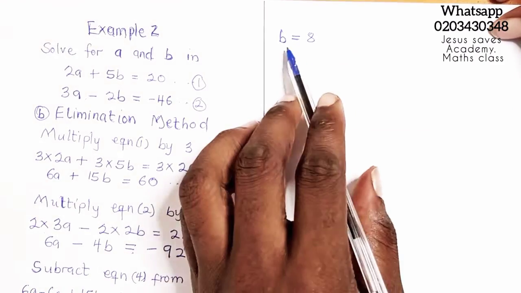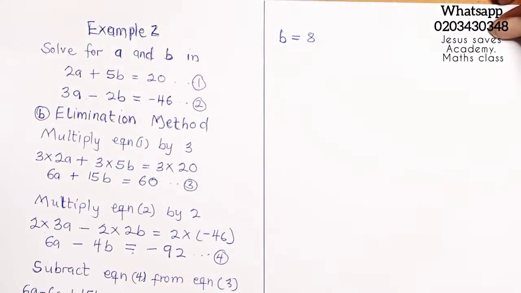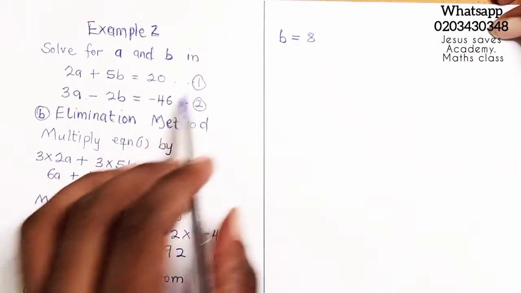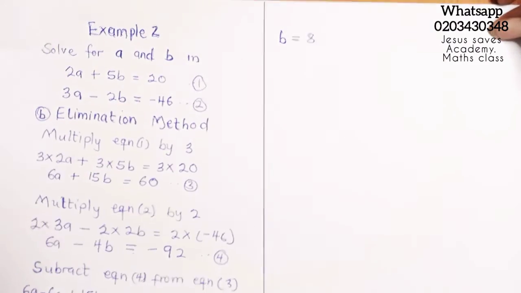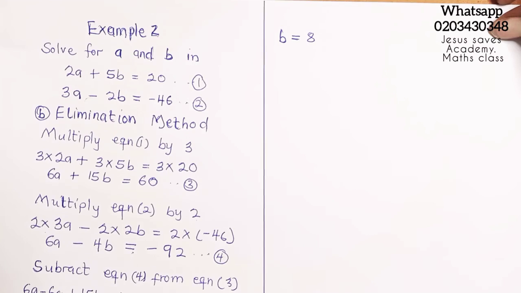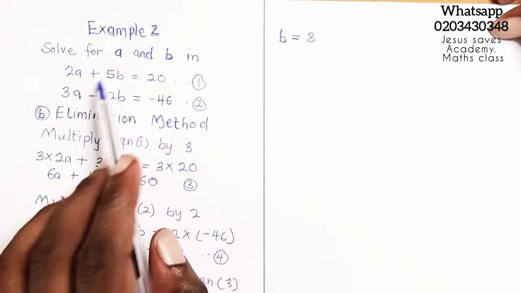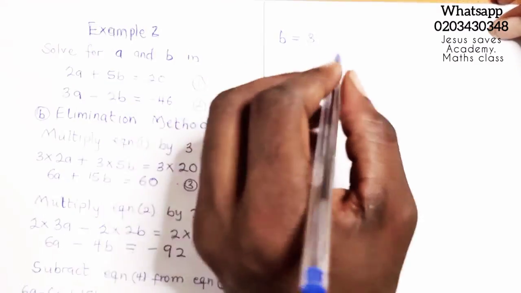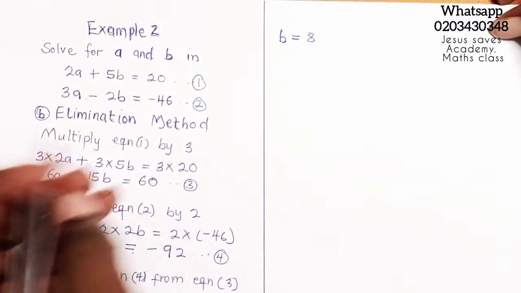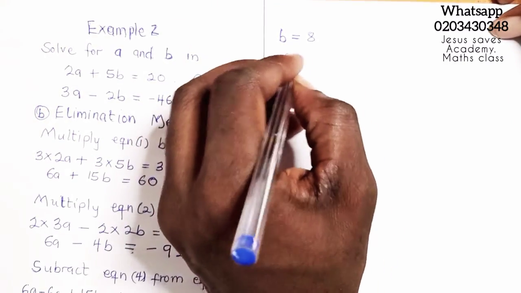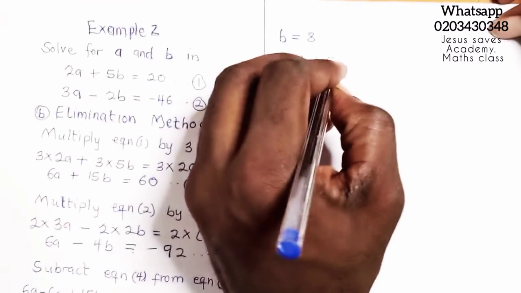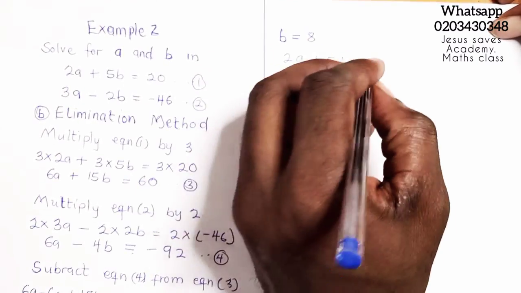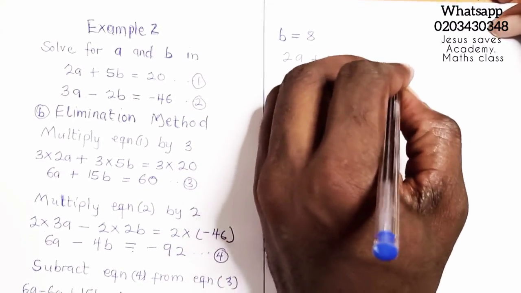So now that we have the value for b, we can choose to put the b in any of the equations. You can choose to put it in this equation or this one, any of them. So I'm using equation 1. I'm putting the value of b in equation 1. So equation 1 is 2a plus 5b is equal to 20.